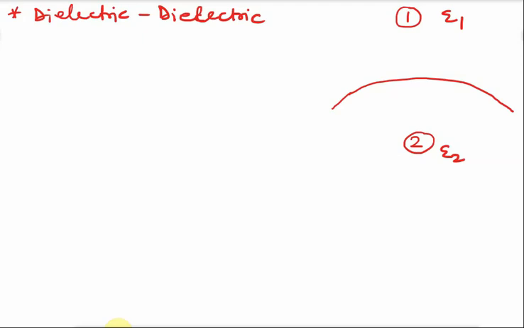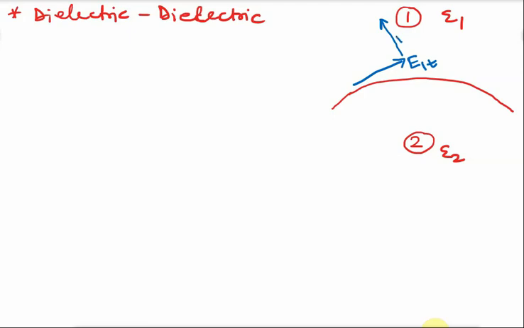Now I have told you that this electric field intensity in both the regions can be resolved into two components. For this one, the tangential component we will write as E1t, and the normal component we will write as E1n. I will put it like this.